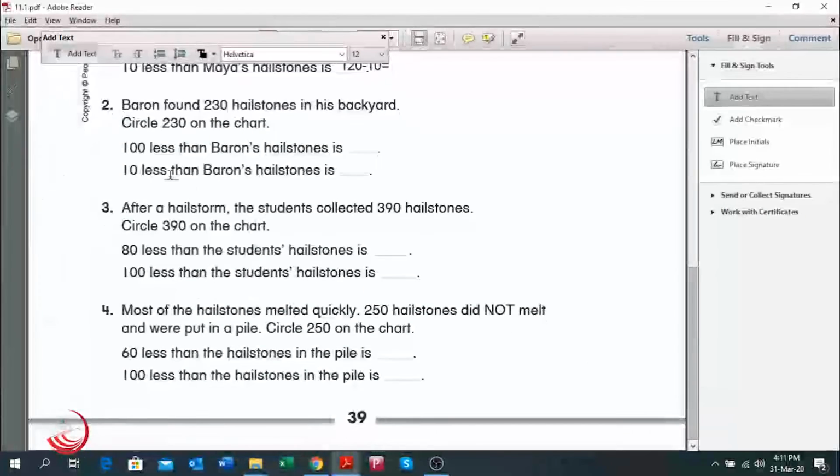Number three, after a hailstorm, the students collected 390 hailstones. Circle 390 on the chart. You're going to circle 390 on the chart. 80 less than students' hailstones is. I'm going to write it, but you're going to solve it. Minus, so we have 390 minus 80 equals... Well, actually, I'm going to solve it.